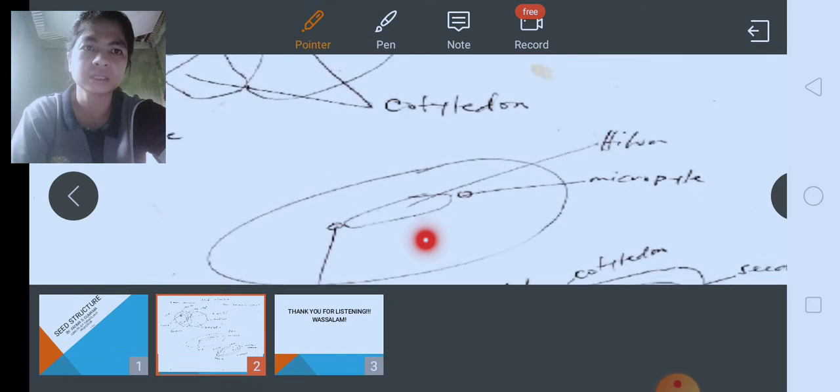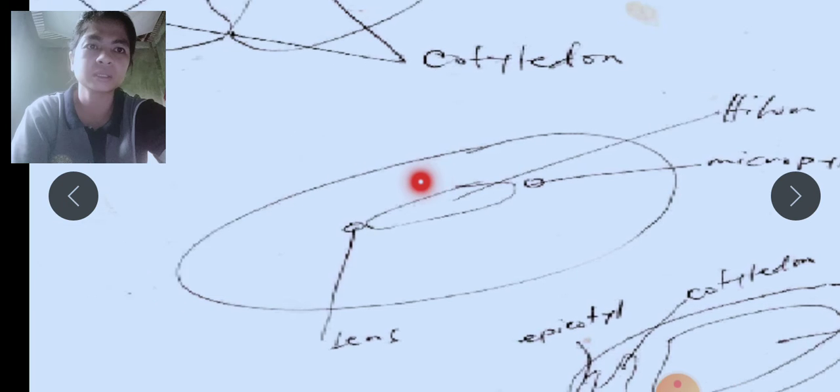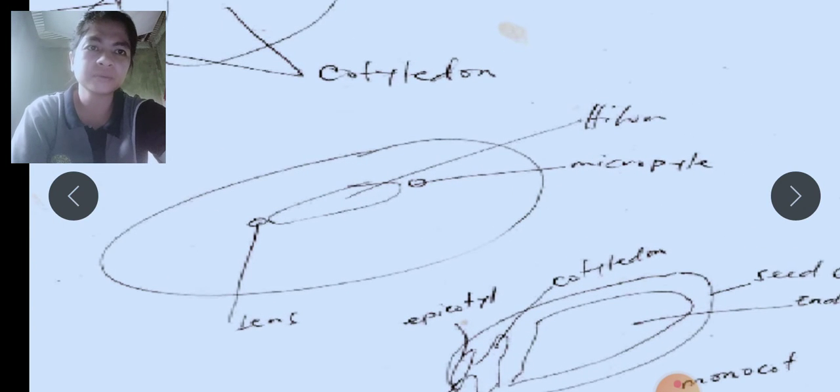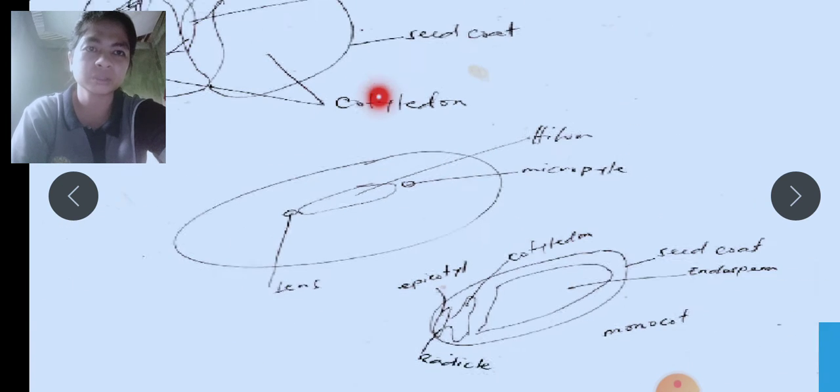And then the hilum, or the eye of the seed, looks like a scar because it's firmly attached to the ovary. And then the micropyle allows the entry of water. It's like a hole for water, or for imbibition.